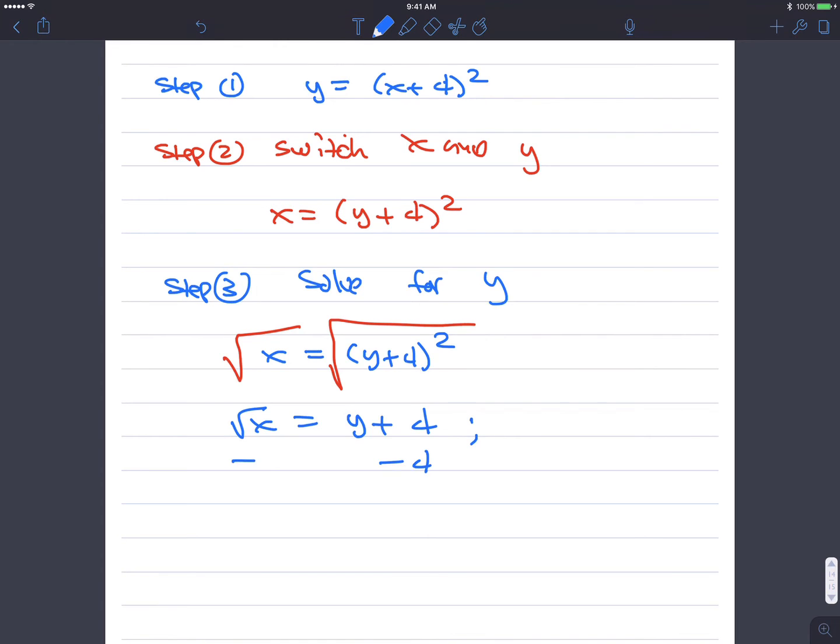You subtract 4 from both sides. Here's what you get. y is the square root of x minus what? 4. What's your last step? Inverse function is the square root of x minus 4.